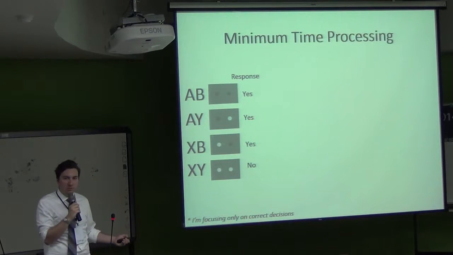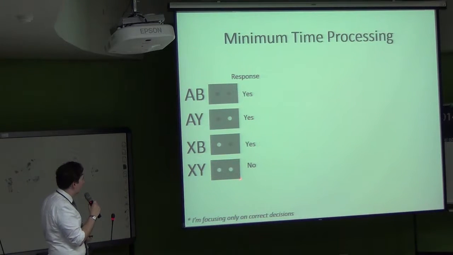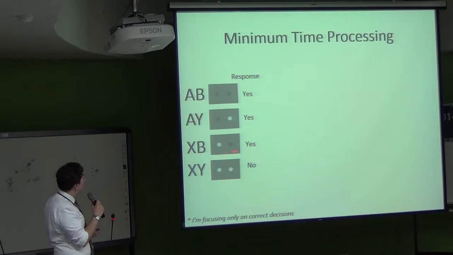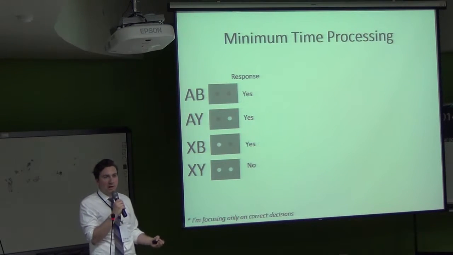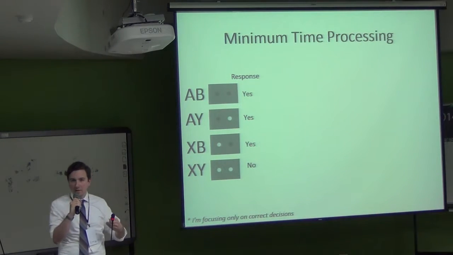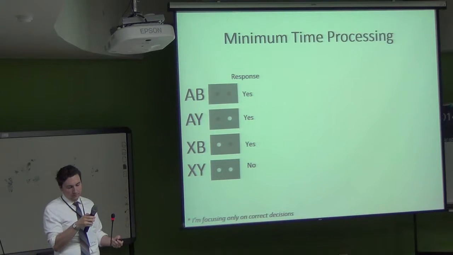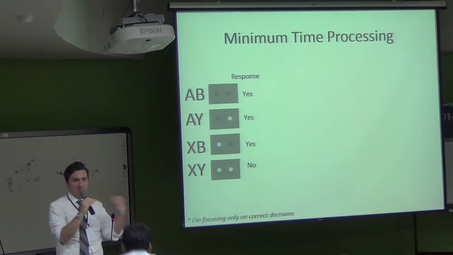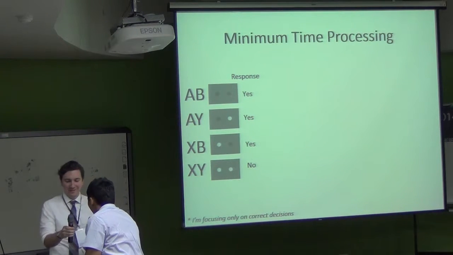So you have 1 response that you make if you see 2 white dots, and another response you make if you see any black dots. But these stimuli now provide you with some conflicting information. On the one hand, there's a black dot there pushing you towards the correct answer. On the other hand, there's a white dot there which is pushing you towards the incorrect node. So you've got conflicting information.